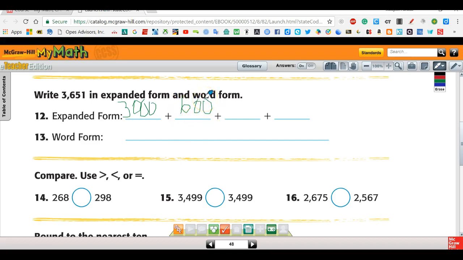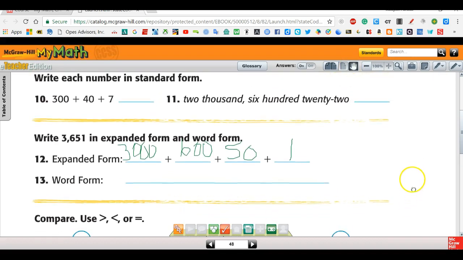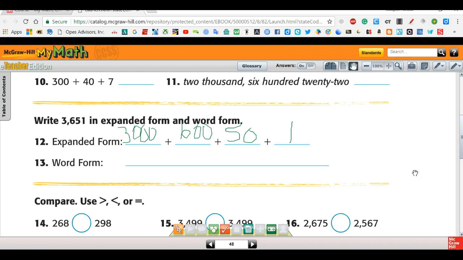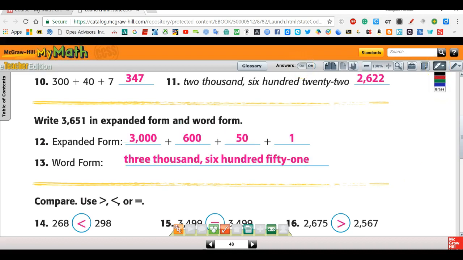Obviously there's a 6 with 2 zeros, and then what comes next? 51 or 50? And then last? 1. So when it's asked you to write it in word form, it looks something like this. 3,651.